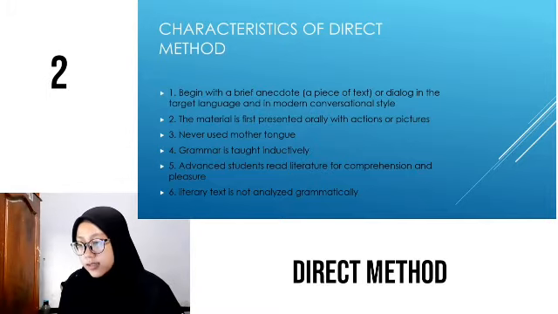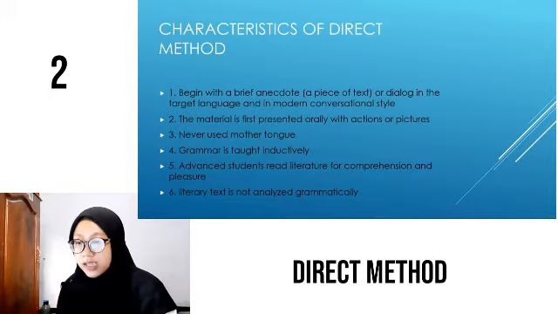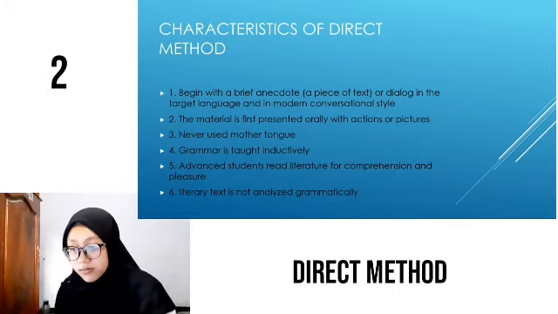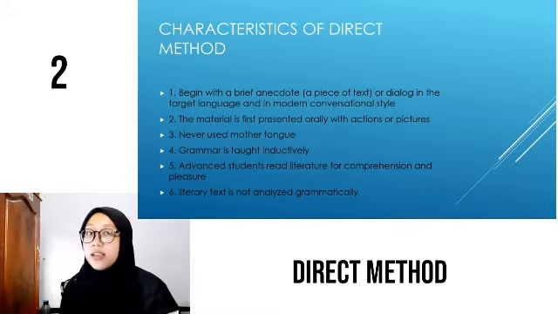Next, grammar is taught inductively. Rule generalization comes only after experience. In teaching the use of to be, is, am, are, the teacher isn't allowed to explain that is is used when the subject is third person singular, or he, she, and it.